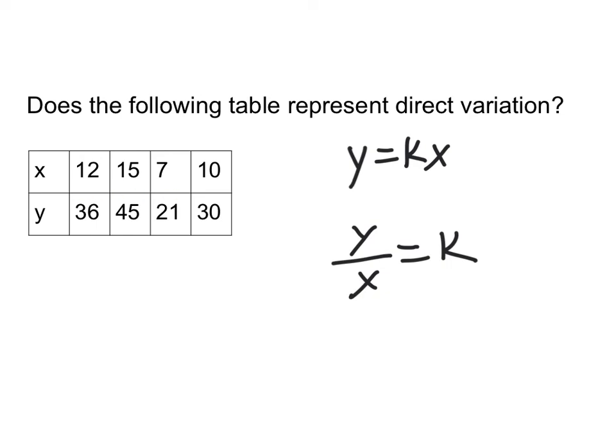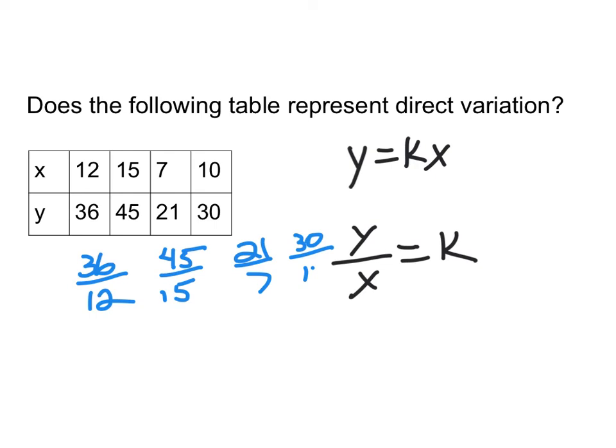In other words, let's put y divided by x for each one of these. So we have 36 divided by 12, and we have 45 divided by 15. We have 21 divided by 7. And we have 30 divided by 10. And you'll see in each one of these that they equal 3.